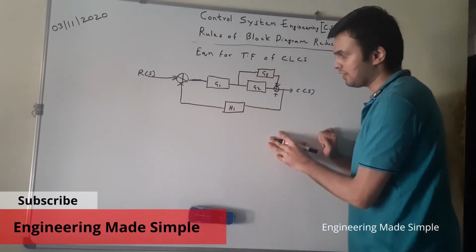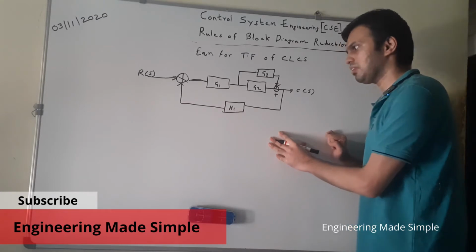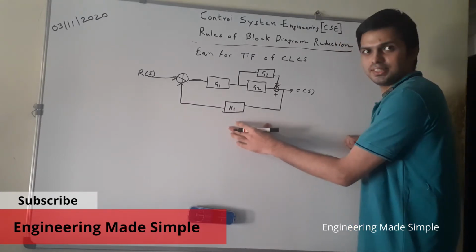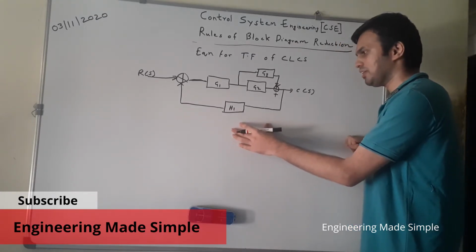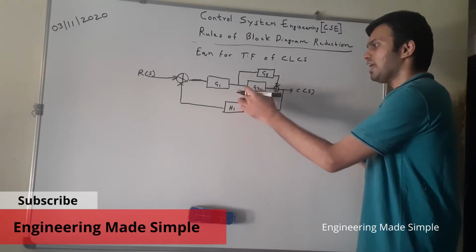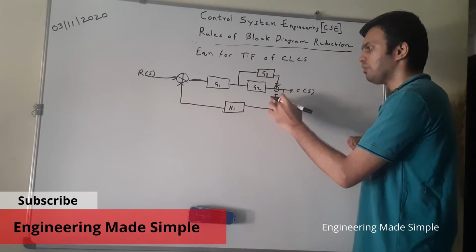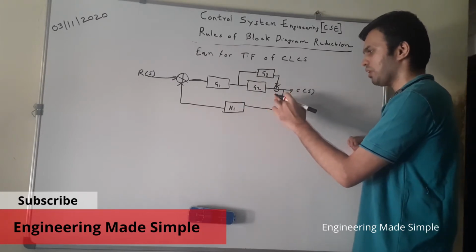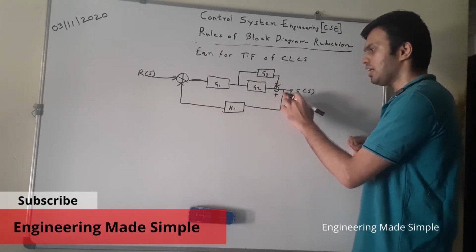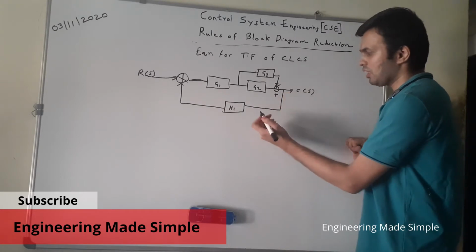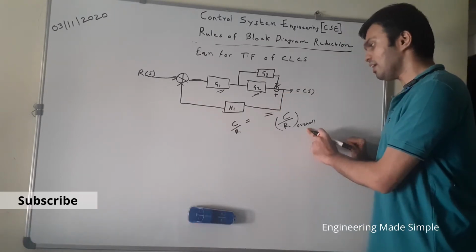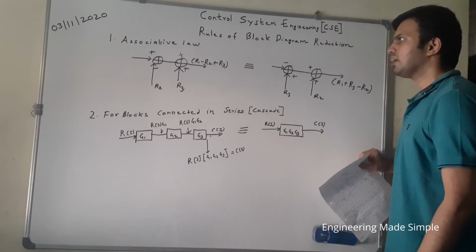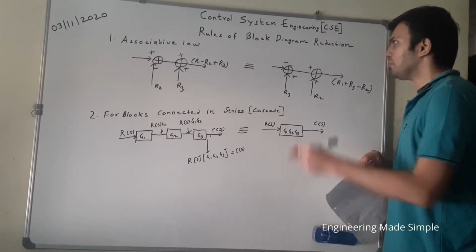So now let's say this is the closed loop control system which is given to us. But as you can see, it is a bit more complicated system because it has a feedback path and there is a forward element which is added to this particular summing junction, and there is also a takeoff point over here. So for that we require, so now let us start learning the rules of block diagram reduction.